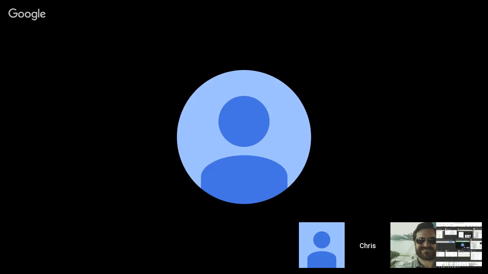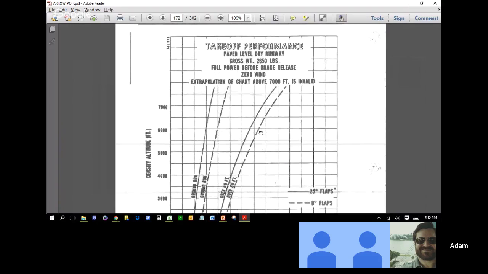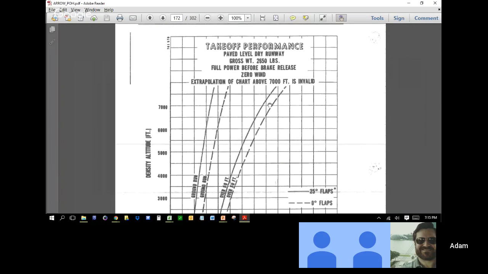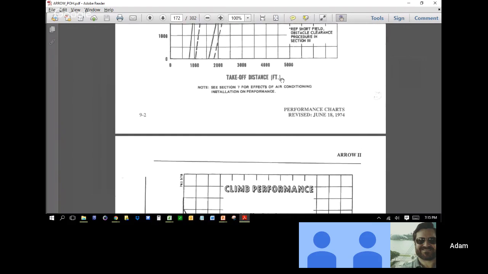Do they have different charts, Adam? When I scroll up to the top and it talks about zero wind and paved level dry runway, do they have different inclement weather conditions factored into this? Yeah, let me see if this one might have it.